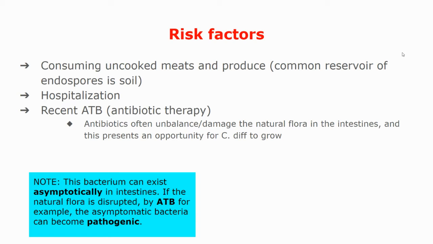So when your normal flora is disrupted, this small amount of bacteria might grow to a big amount if the normal flora is damaged enough that it presents an opportunity for this bacteria to expand and grow exponentially. That's when the bacteria might become pathogenic after the normal flora is disrupted by something like antibiotics.